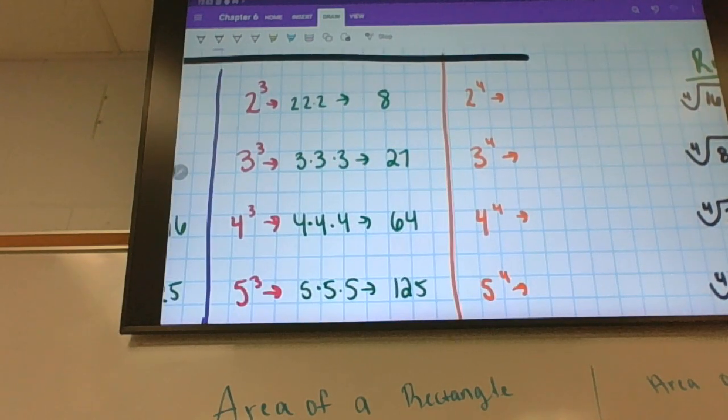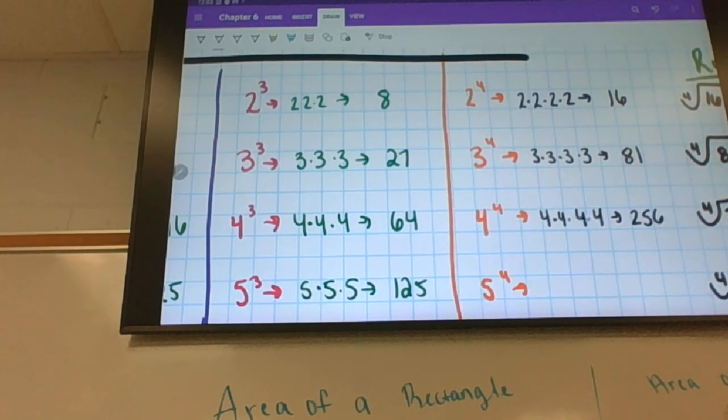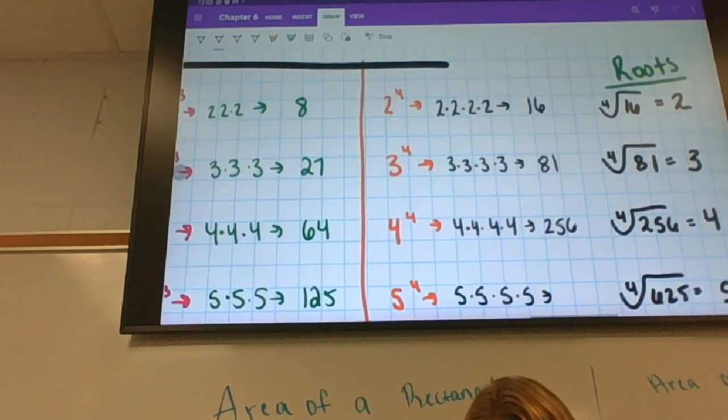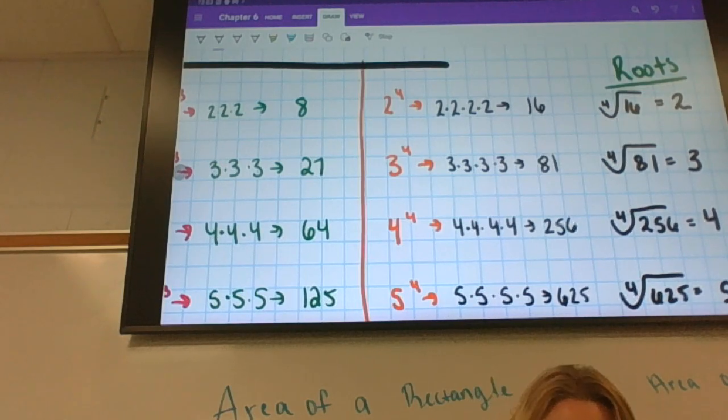Okay, so we got 2 times 2 is 4 times 2 is 8 times 2 again is 16. 3 times 3 times 3 times 3, 81. 4 times 4 times 4 times 4, 256. 5 times 5 times 5 times 5, 625.